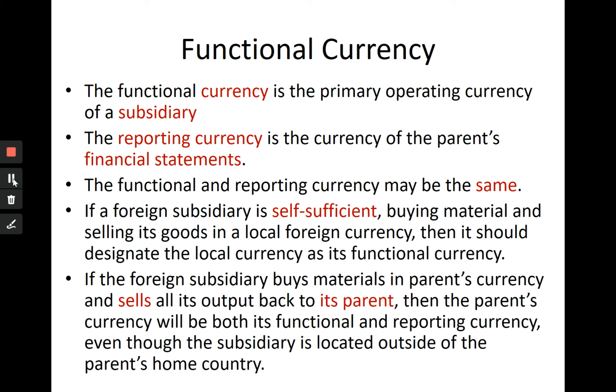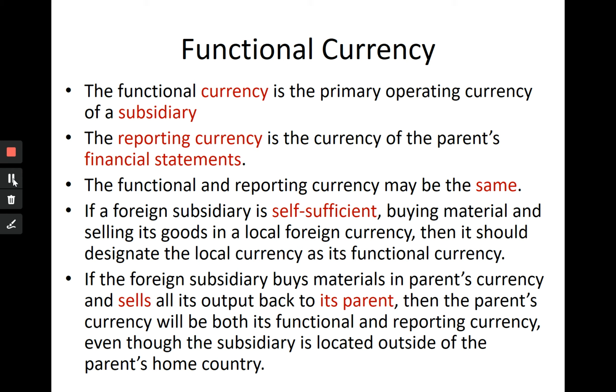Essentially, it makes translation something we don't have to do. We just use euro as the currency of a subsidiary in China that sends us all its output at a transfer price cost to the parent, and the parent uses this output, modifies it, and sells it, for example, in the European market.